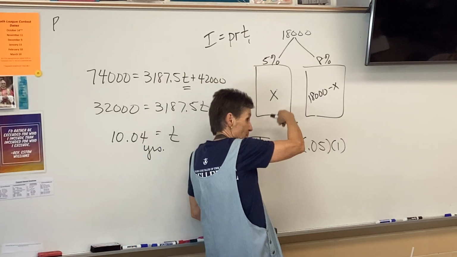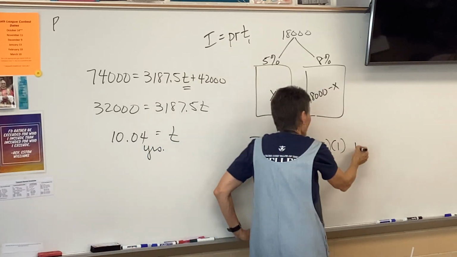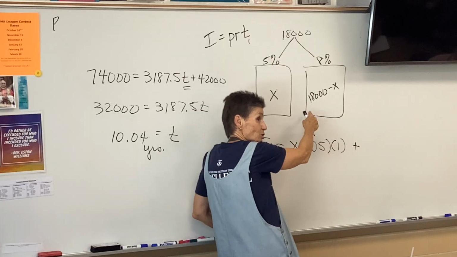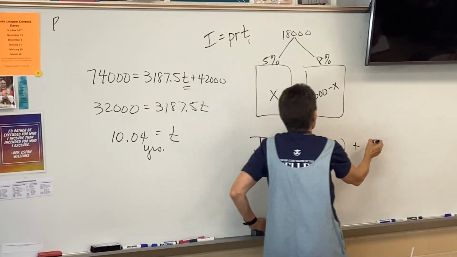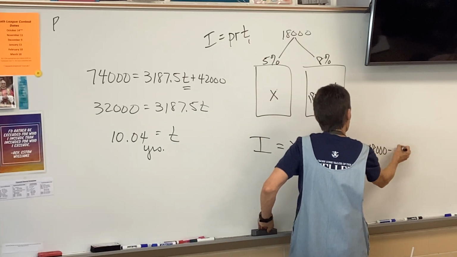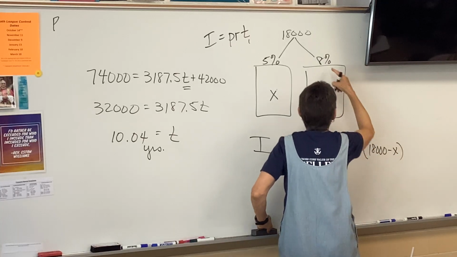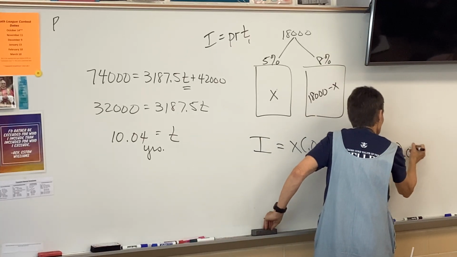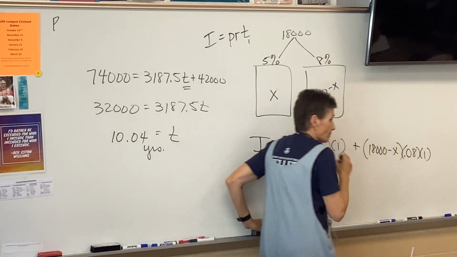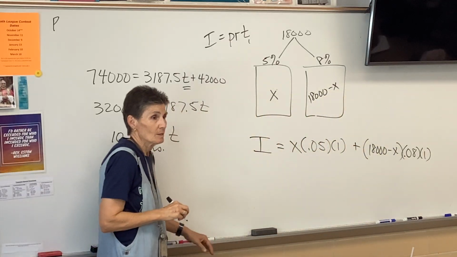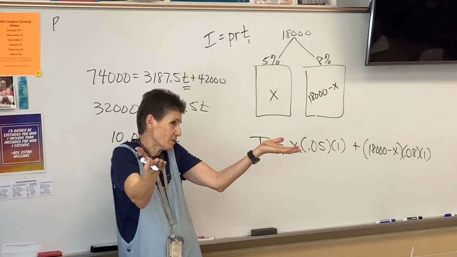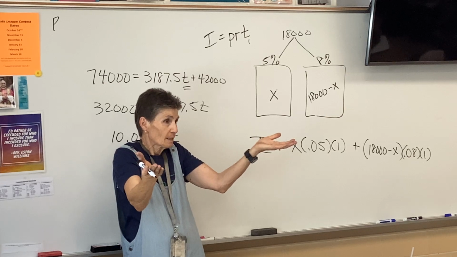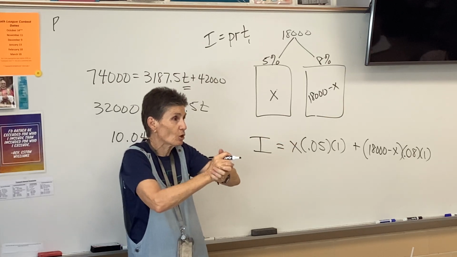That's this investment. But she's also going to get interest over here. So that'll be 18,000 minus X times 0.08 for 1 year. So she's making interest on both accounts. We're going to add those together to find her total interest.